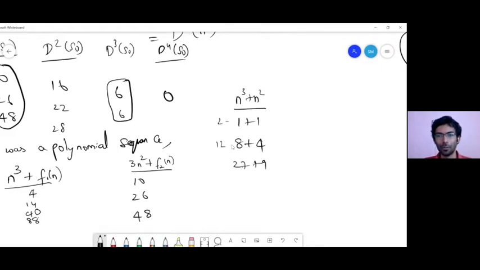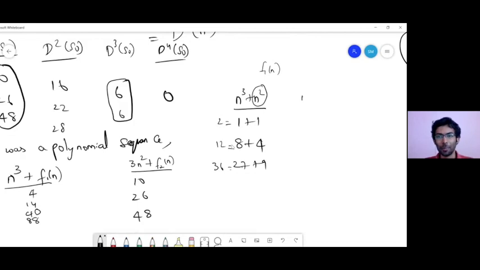So this is 2, this is 12, this is 36. Now the question is, here this is playing the role of f1 of n. It can be checked.